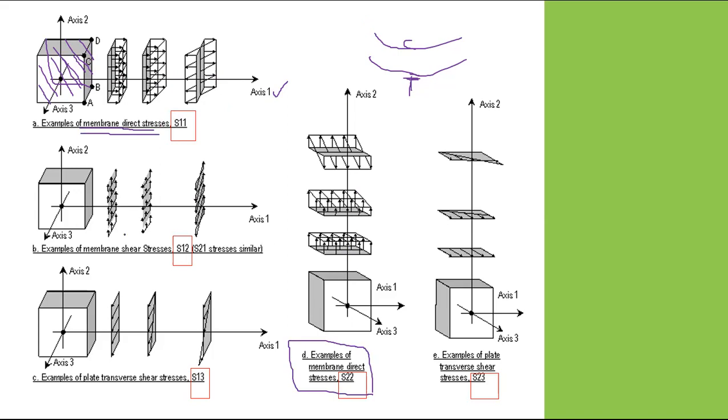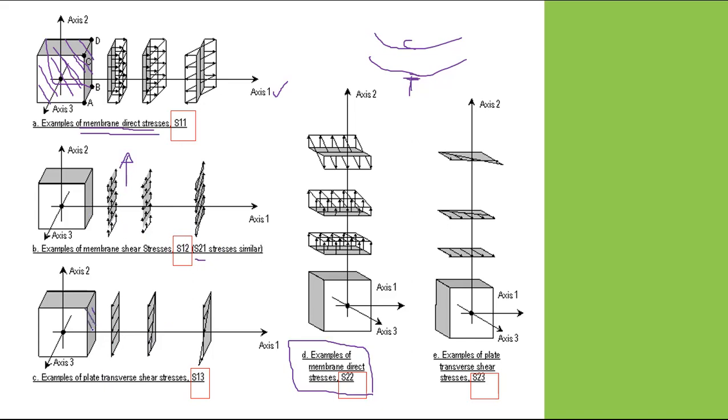The other ones are shear stresses similarly. The first subscript gives you the face. It's on the first face but in the second direction, S12, and it is equal to S21. Similarly, this will give you S13.